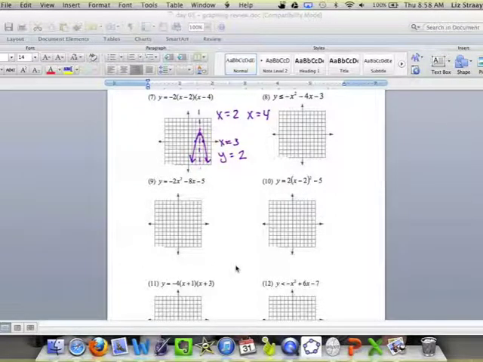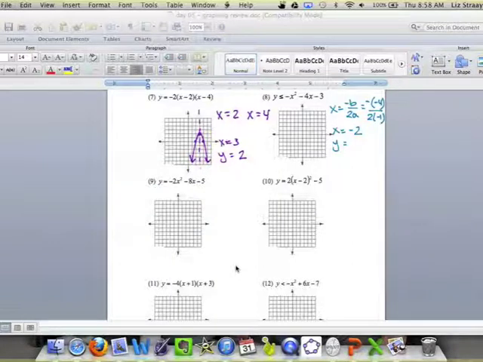Number 8 is what form? Standard form. So for standard form, we do x equals negative b over 2a. Negative 4 over 2 times negative 1, which gives negative 2. And plug that in.